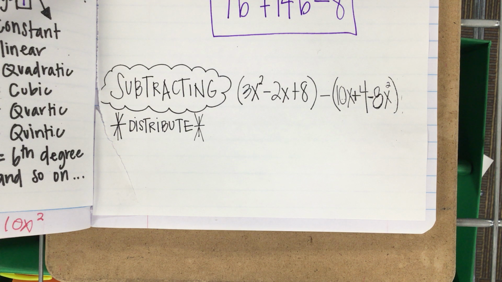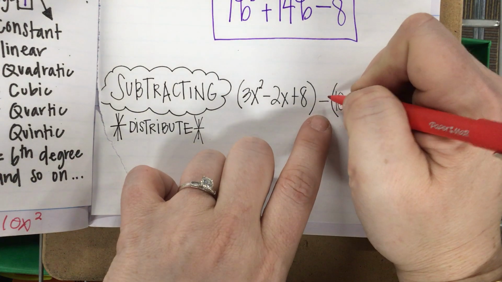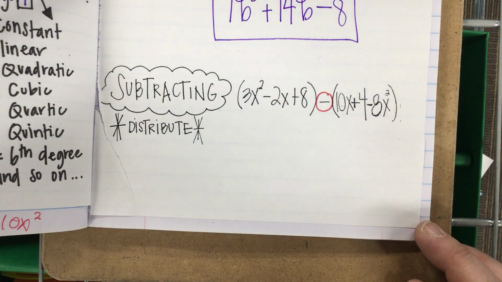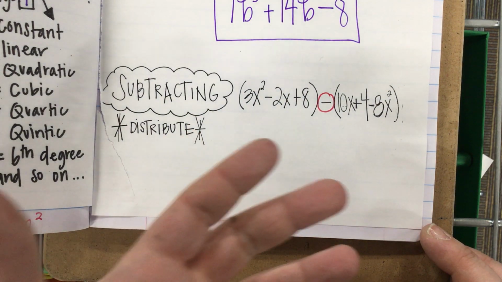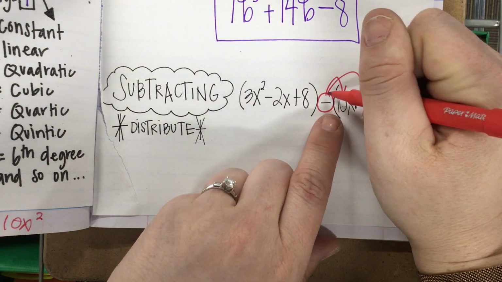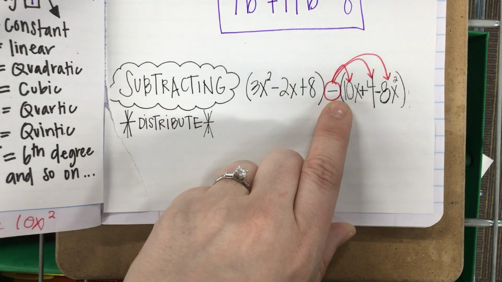Even if it's a positive thing? Yes, it would be negative. So you have to distribute. This minus sign belongs to everything behind it, meaning it's all going to change. It gets distributed to everything.